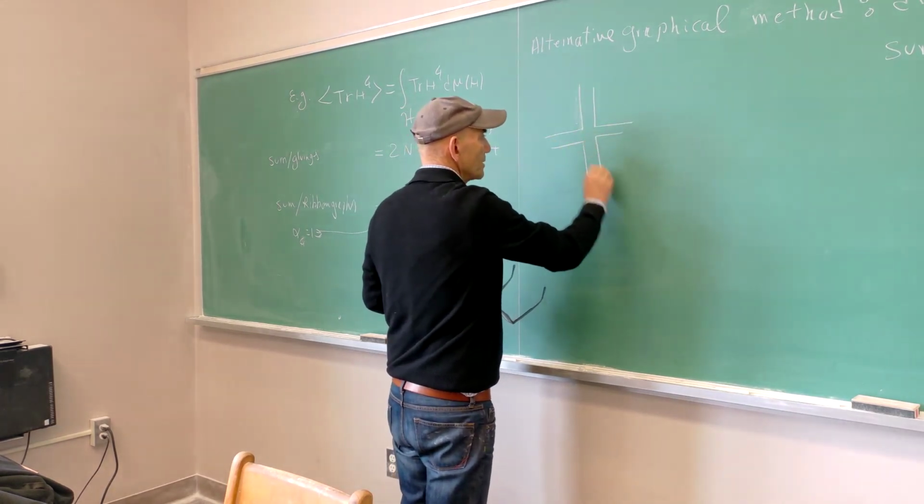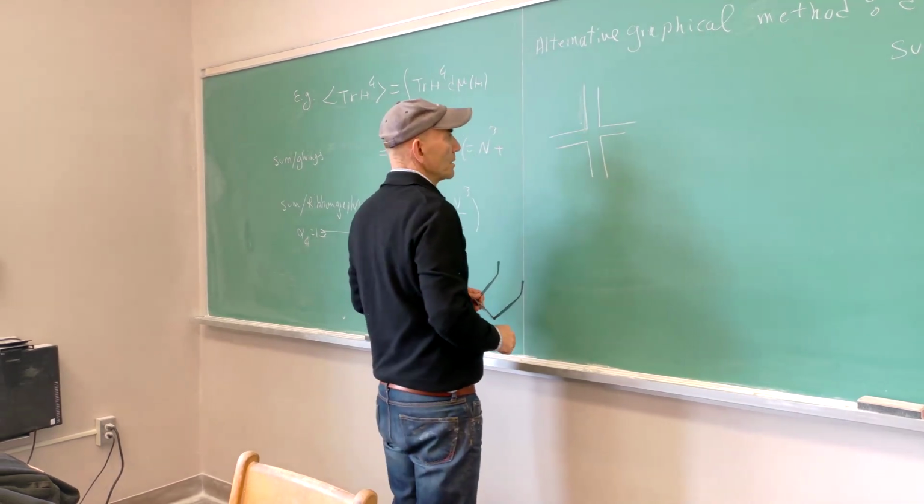Imagine you have a 4-valent vertex like this.